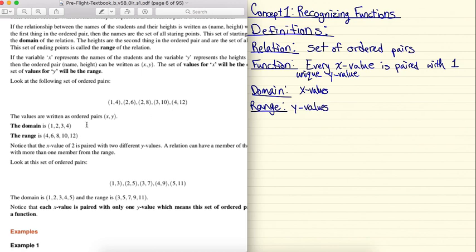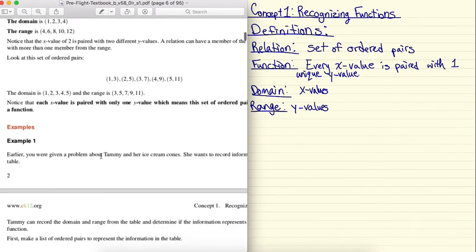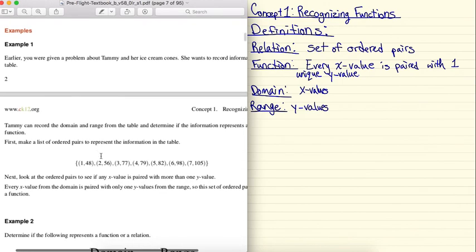The range is all of these ending numbers, or these second numbers in these ordered pairs. So 4, 6, 8, 10, and 12. And so that's our range. So next, this textbook goes through a series of examples, and so that's what I'm going to go through with you next.